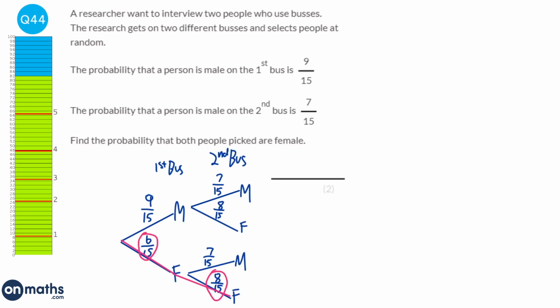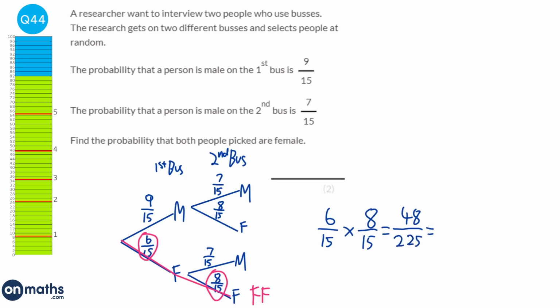So whenever you're finding the probability of getting to an outcome, so this outcome would be FF, because they're both female, you are multiplying the fractions that you go across. So it would be 6 over 15 times 8 over 15. So 6 times 8 is 48, and times the bottoms, 15 times 15 is 225.